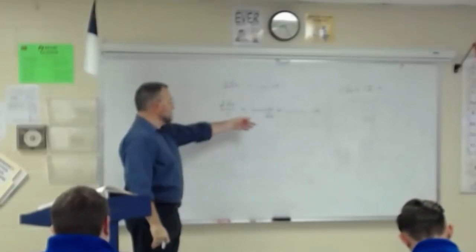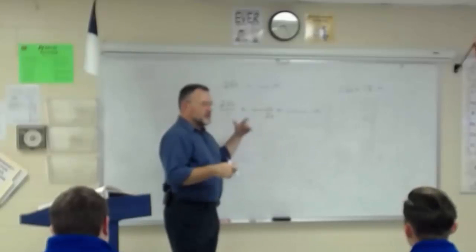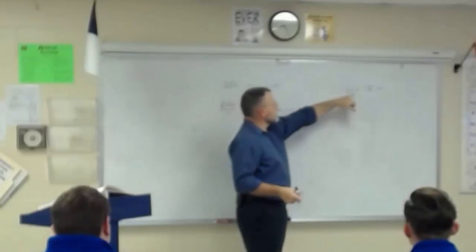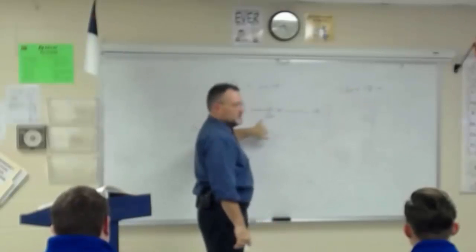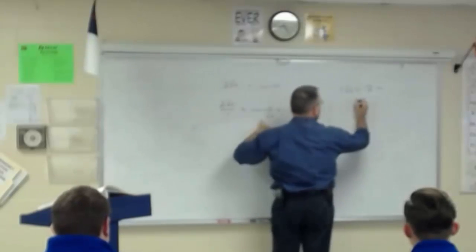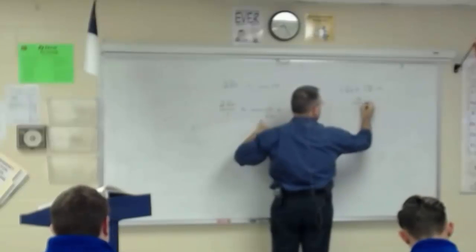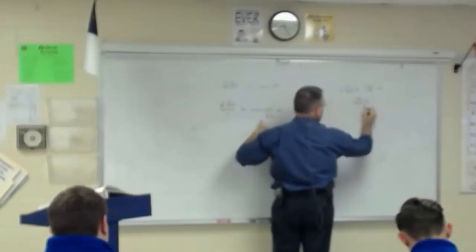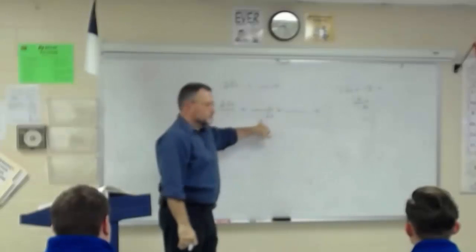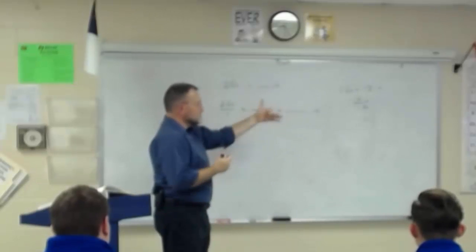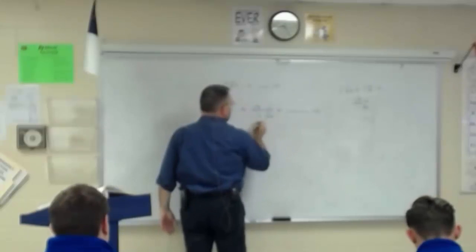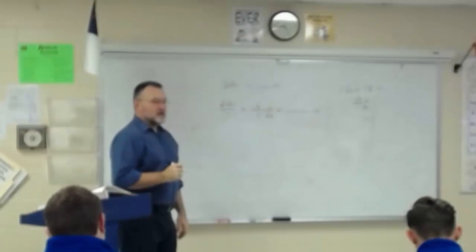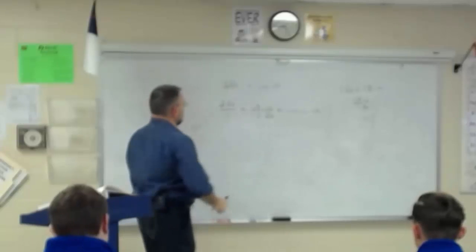And then I look over to my statement of equality and say, do I have a relationship between inches and feet? Yes. How would I rewrite that with inches in the numerator and feet in the denominator? Well, that would be 12 inches is equal to 1 foot. So I bring that fraction, 12 inches over 1 foot, and now I do the math.